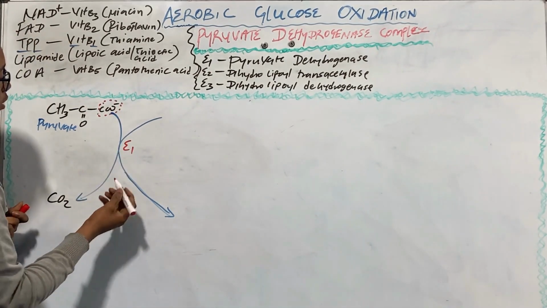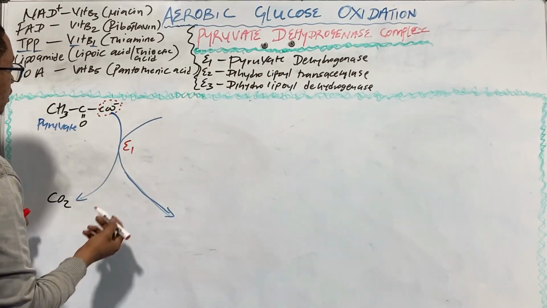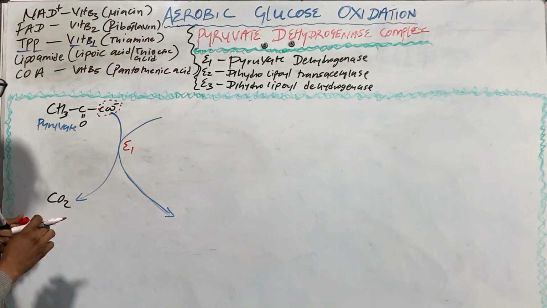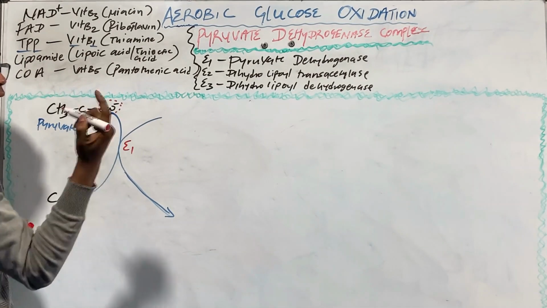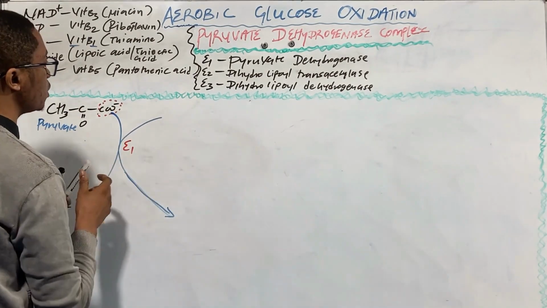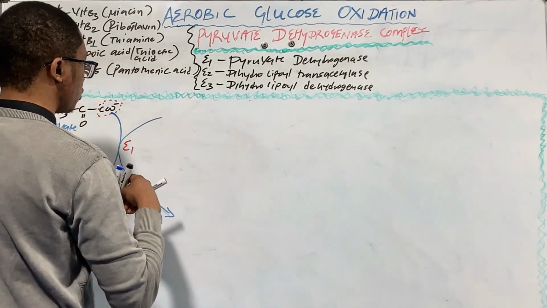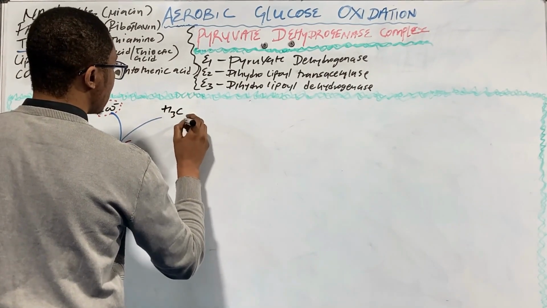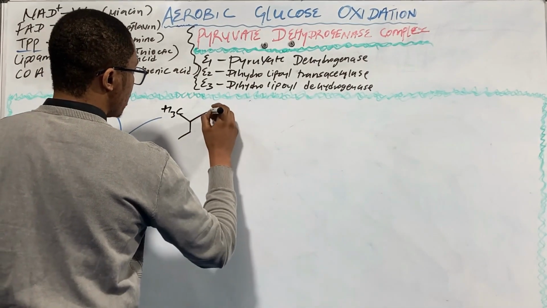Reacting with enzyme 1, which is pyruvate dehydrogenase, we lose a carbon from pyruvate in the form of CO2, and also 2 hydrogens are added to this compound. Now let's see what the structure of thiamine pyrophosphate looks like, so we understand what really happens in the next step here.